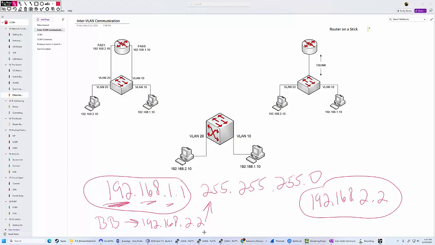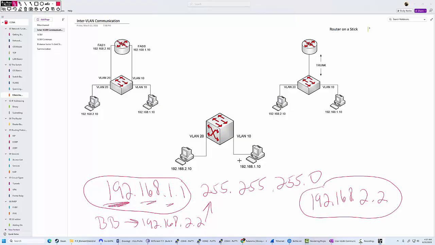Now, remember, the broadcast domain of TCP/IP is logical. The physical broadcast domain, because there's no physical separation, we have now been able to break that rule.